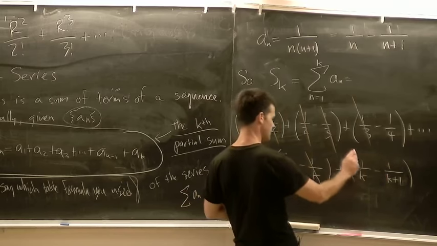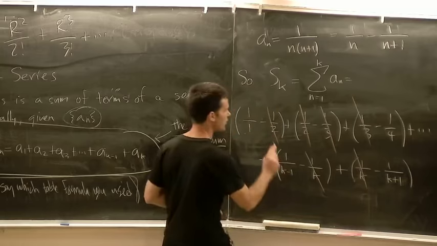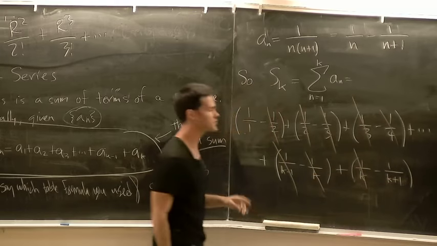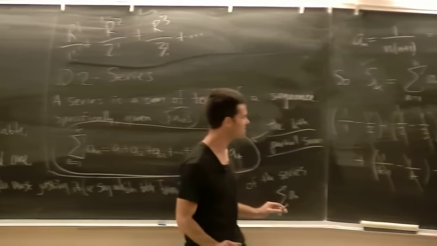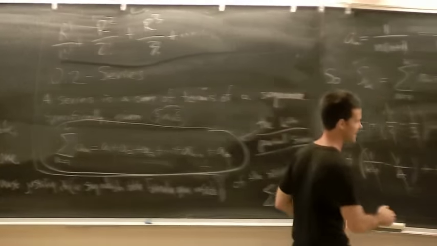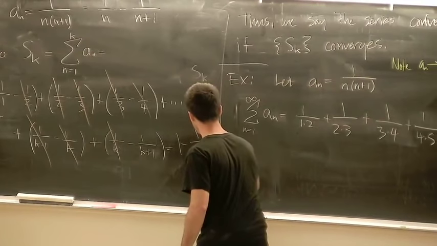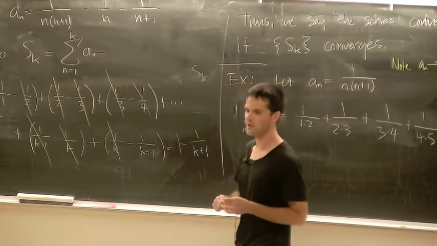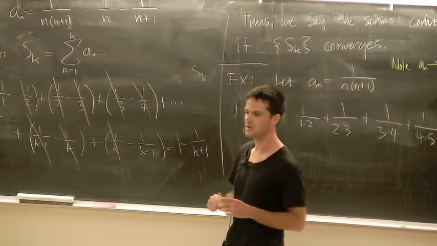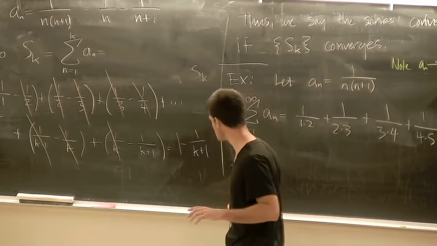Minus 1/k cancels with a plus 1/k. So all the interior terms cancel, and what's left is just the very first term and the very last term. That's called a telescoping series, when you get all the interior terms canceling.